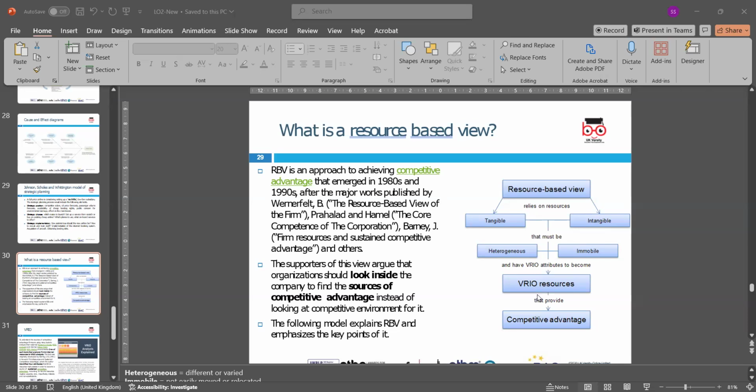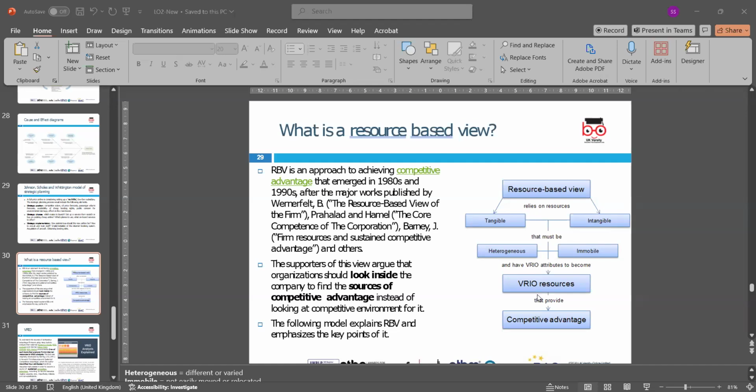Rarity means, is the resource or capability rare, and competitors, are these easily available to other competitors or not, or only you have these resources, or it's very difficult to have these resources. Imitability, how difficult or how expensive it is to copy your resources.